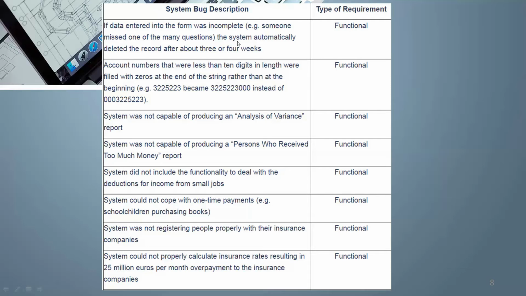Account numbers that were less than 10 digits in length were filled with zeros at the end of the string rather than at the beginning. Example, 3225223 becomes 32252230000.